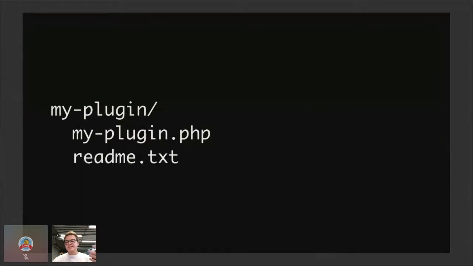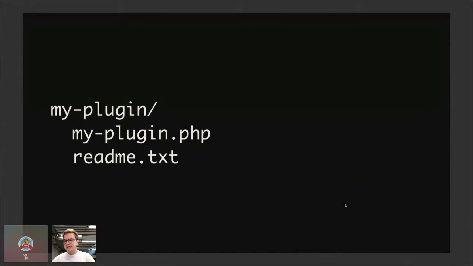The README is like things like how to use the plugin and stuff. And the PHP file, the main plugin file, as it's often called, contains things like the name and description and the version number of your plugin.